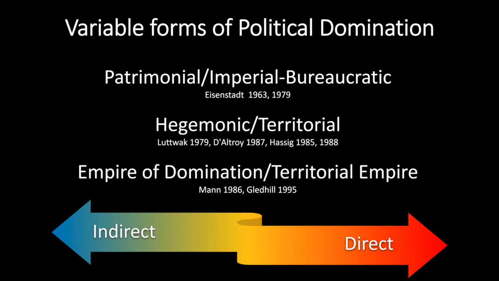Ross Hassig applied this to the Aztec state, arguing that the Aztec state was a hegemonic empire. And then empires of domination versus territorial empires.